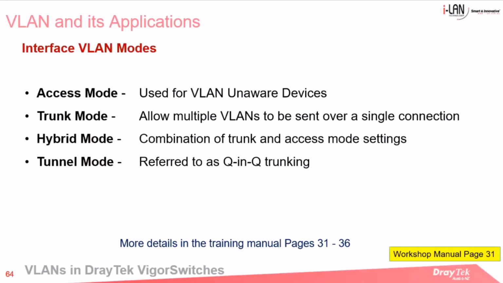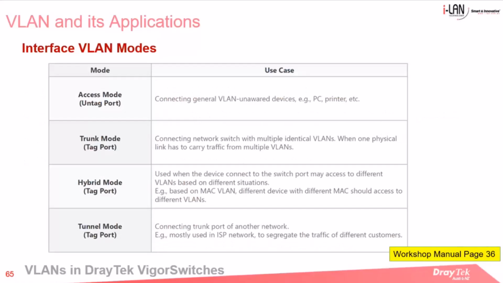It's very useful information, but if we go into more detail, it could take an additional 2 hours. So we will probably have a workshop about VLANs in the DrayTek switch in the future. But in the meantime, please refer to the training manual.